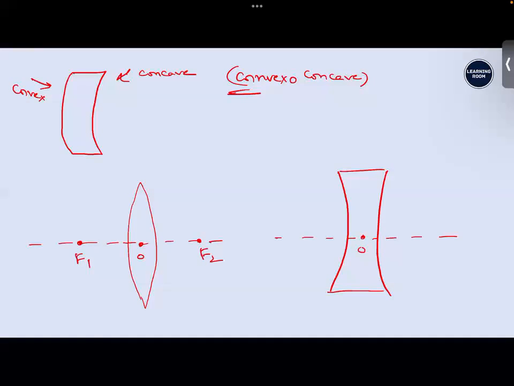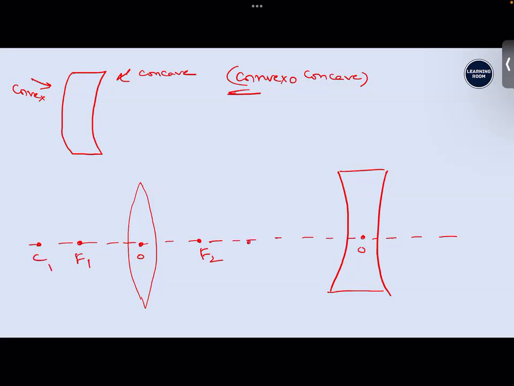Similarly, it has two centers of curvature, one on the left hand side and one on the right hand side. The other names are similar, except that for a mirror you have a pole, and for a lens you have something called the optical center. These are all the different parts of a lens, right?